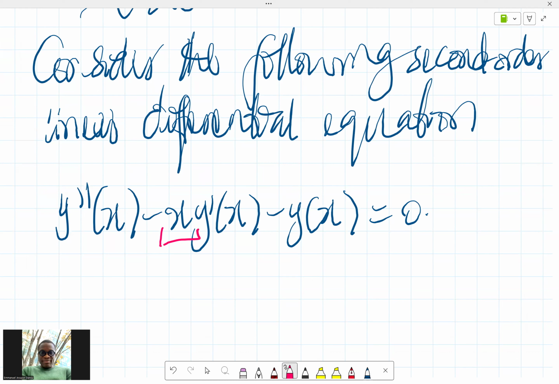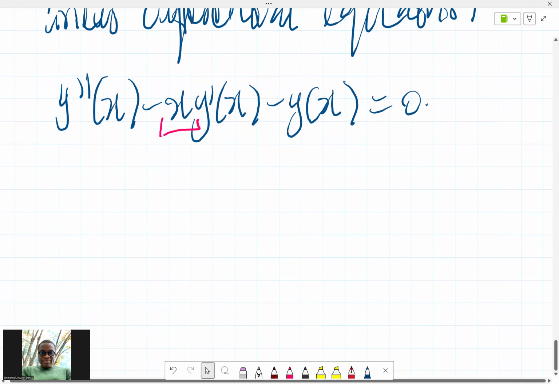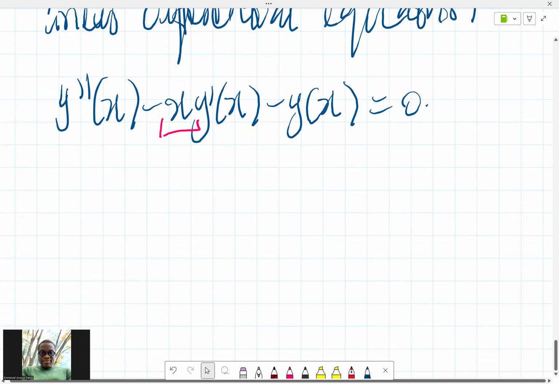Since we are dealing with the power series method, and we have seen in the preamble, x is an ordinary point where x is equal to x naught. So here now we go for the steps.